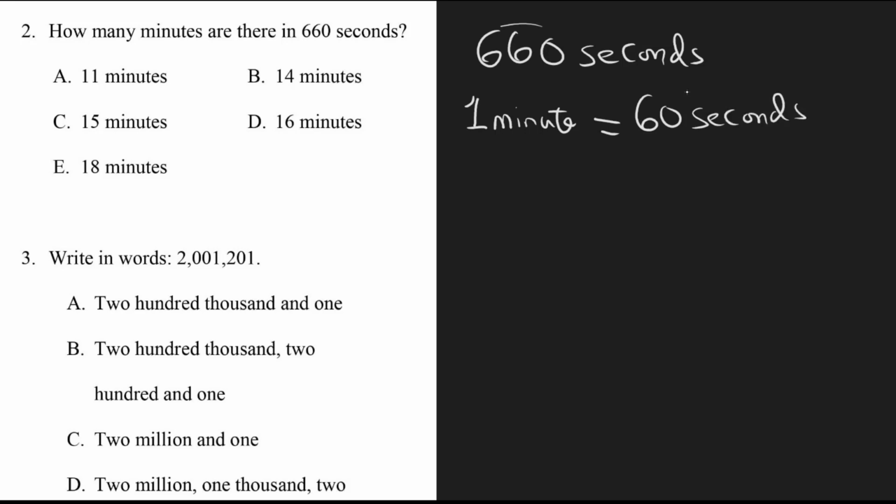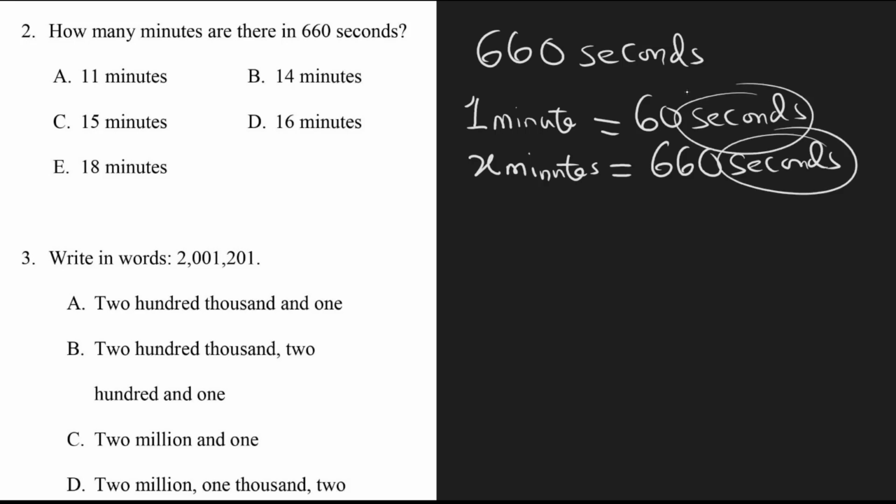And we have to convert this 60 seconds. So that means we don't know the number of minutes, right? So x minutes will give us this number of seconds, 660 seconds. Whenever arranging this, you should make sure you have seconds and seconds, and minutes and minutes, so that it will match.